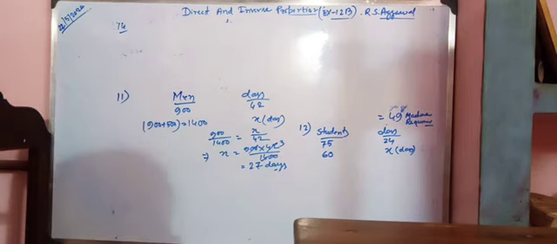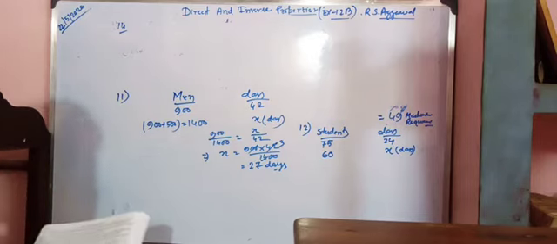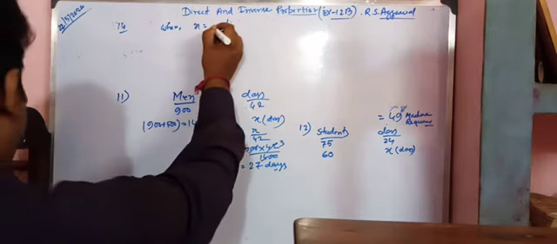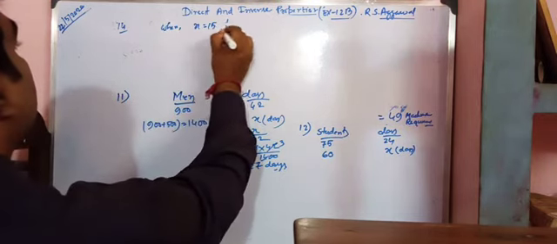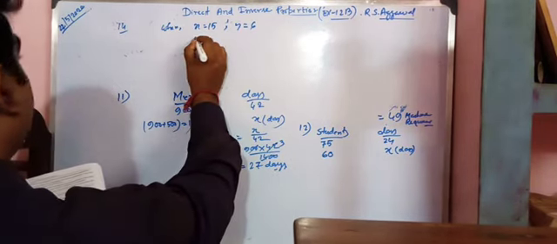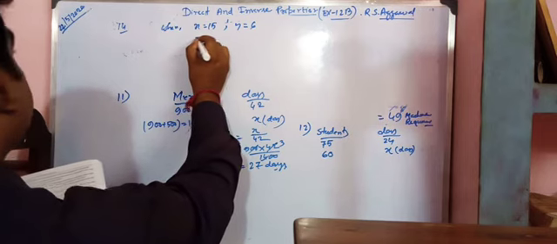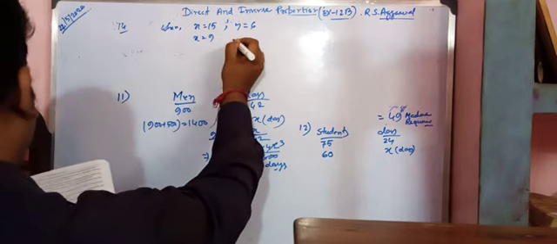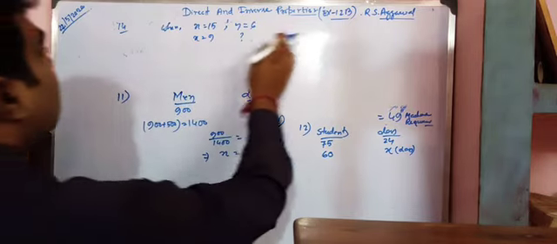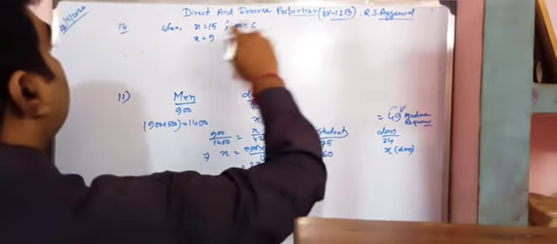That means the multiplication xy should be k. That we have to remember, that the multiplication should be a constant number. So in the first case, x is equal to 15, y is equal to 6. In the second case, when x is equal to 9, we have to find the value of y.